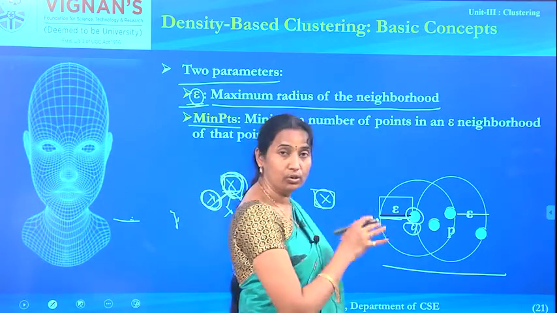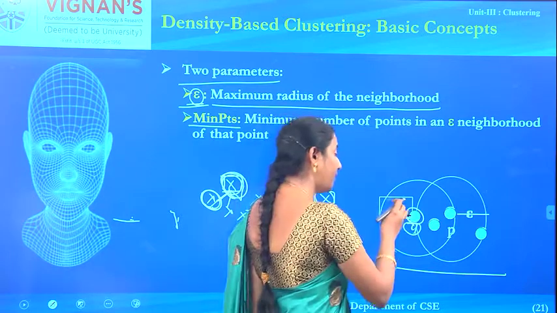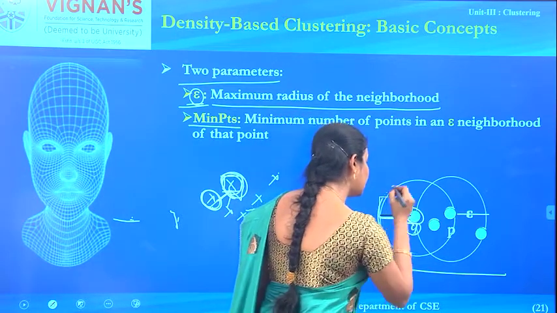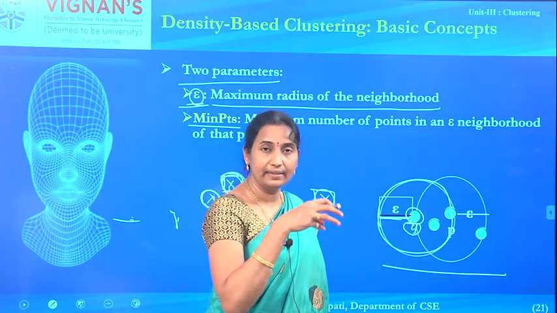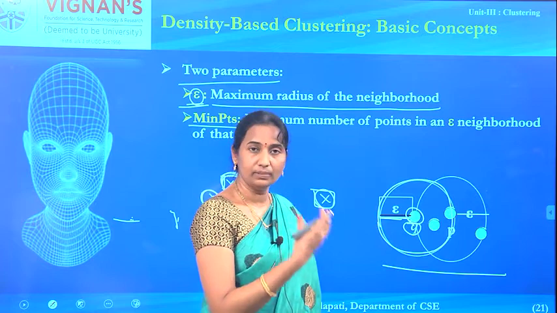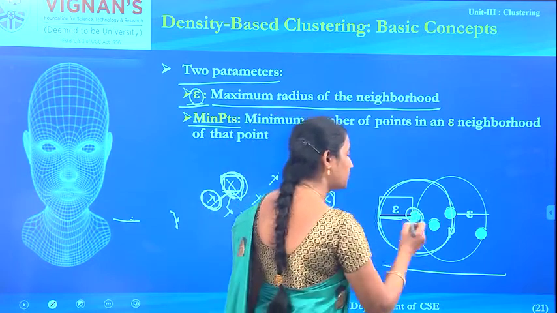And what are the nearest neighborhoods for this Q now? Because I defined the epsilon, this is the radius that is covered with this epsilon, and all the points that fall within that region form the nearest neighborhood for this Q.